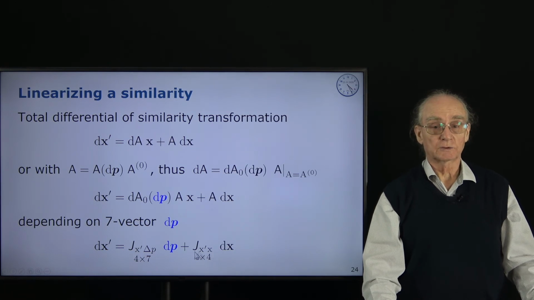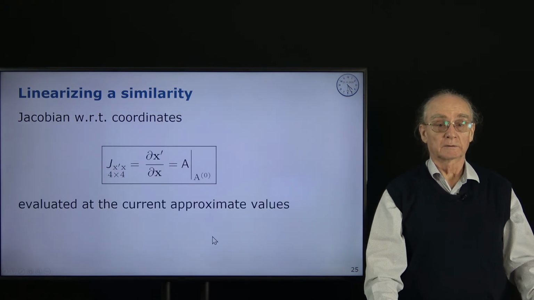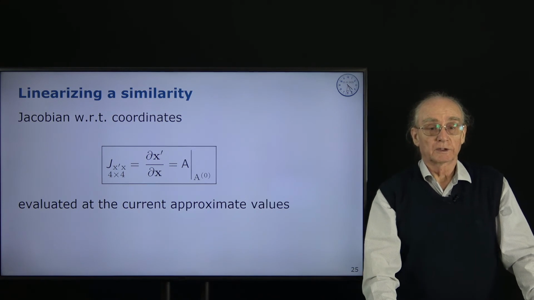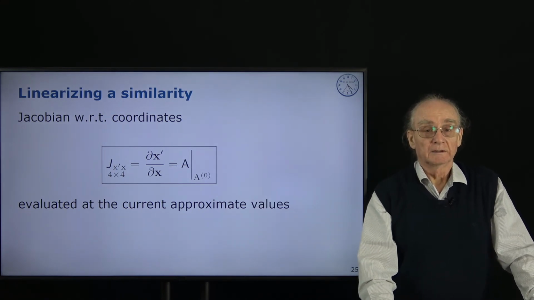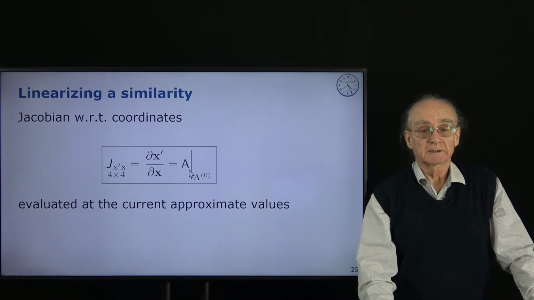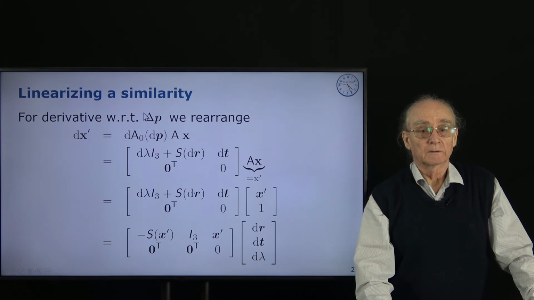So we have to find these two Jacobians. This one is easy because we see directly this is A. So this is a simple part. So the Jacobian of the transformed points with respect to the given point is nothing else than the matrix A evaluated at the approximate position. Now, if we write down the dx prime as a function of the dp's, we start with this expression, which we know.